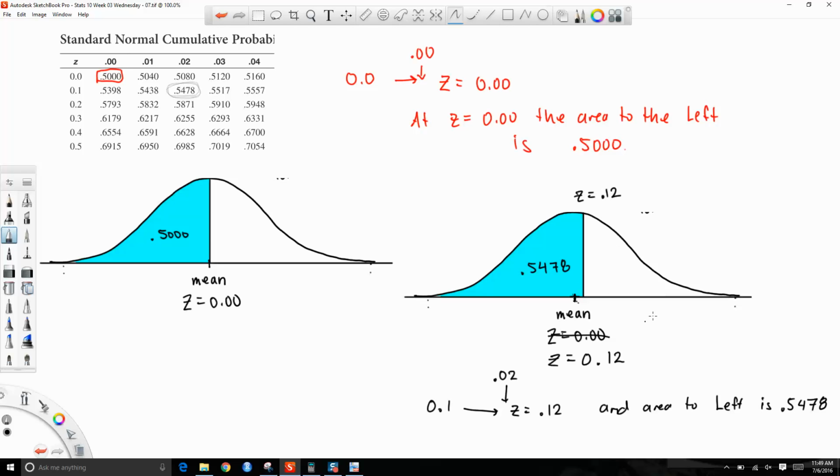So if I shift the line over just a tiny bit to the right, the area that I've shaded now is a little more than a half. It's almost 55% that I've shaded now. Is that okay?